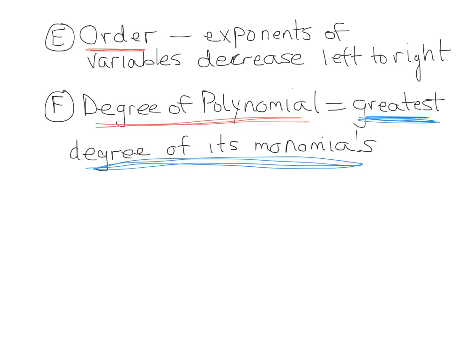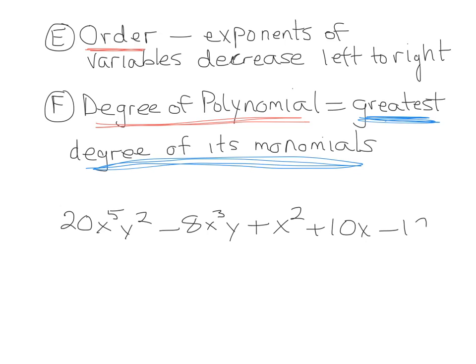Let's look at an example. Let's say you had 20x to the 5th y squared minus 8x to the 3rd y plus x squared plus 10x minus 12.